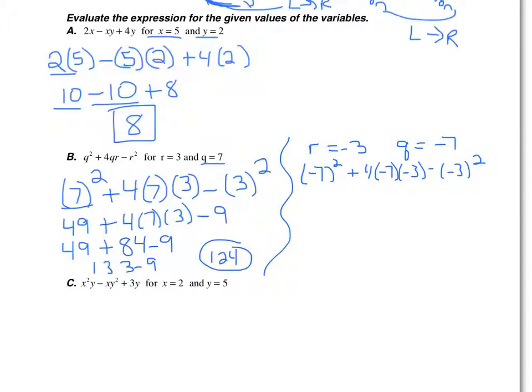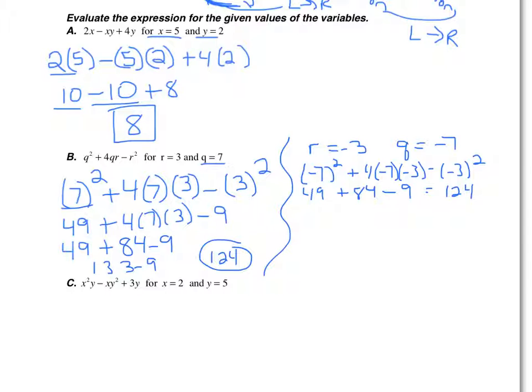So negative 7 squared, that's negative 7 times negative 7, is 49, plus a negative times a negative is a positive, so 4 times 7 times 3 is still positive 84, minus negative 3 times negative 3 is 9. So we still have 49 plus 84 minus 9, and we still get 124.